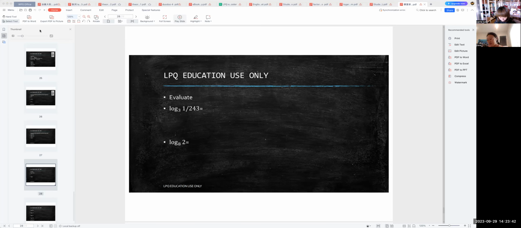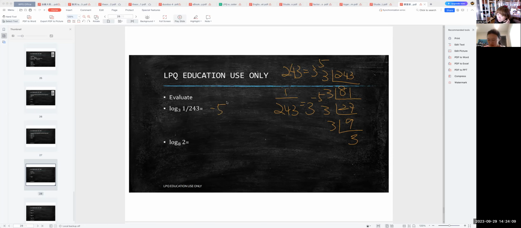It's a power of 3. So 243 divided by 3 equals 81, then 27, then 9, then 3. So how many 3s? 243 equals 3 to the power 5. So 1 over 243 equals 3 to the power of negative 5. So it equals -5. Get it?